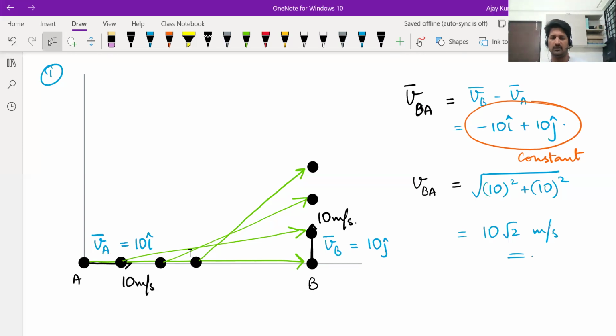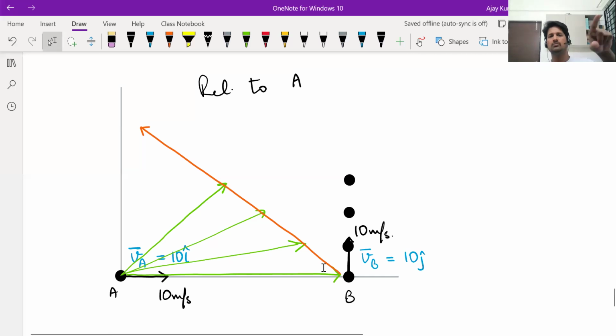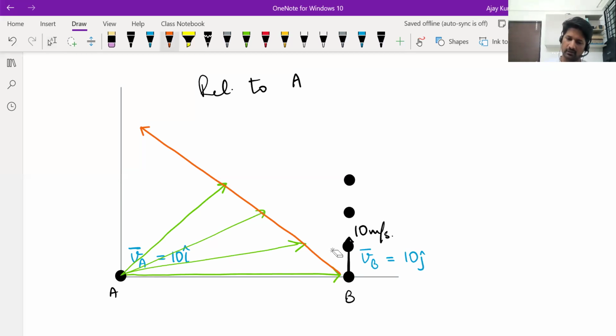Up to some time it will get shorter. So if you draw the vectors from A to B, that is the position of B as seen by A, and bring them all to the position of A, this is how B appears to move as seen by A. Relative to A, A will not be moving, and this is how B moves.